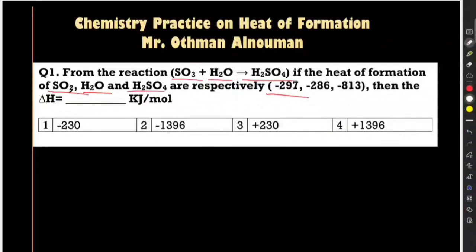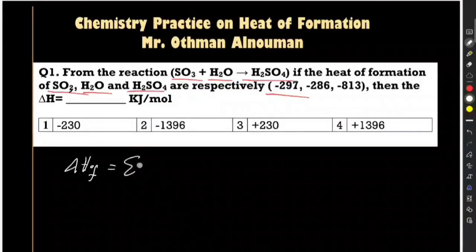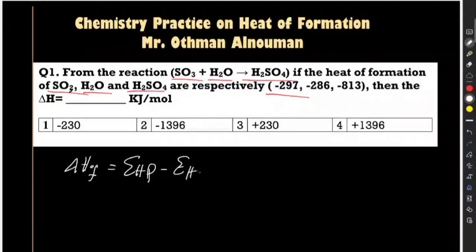Now we have a rule. It says the delta H equals sigma H of product minus sigma H of reactant, the total of the product minus the total of the reactant.